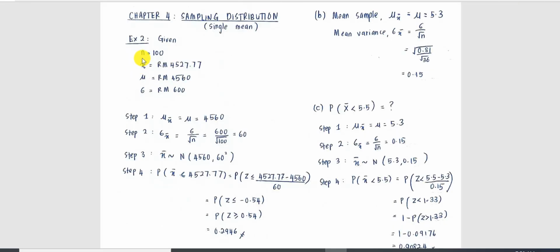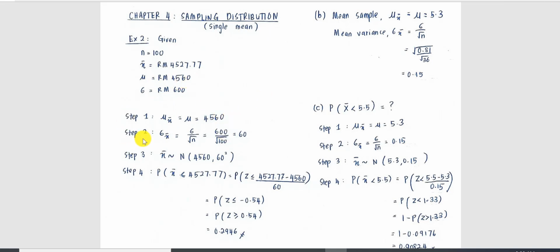Now n is equal to 100. The probability that you want to look for is the probability of x bar less or equal to 4527.77, and your mean of population is 4560, and the standard deviation of population is 600. So from step 1, your mean of the sample is equal to the mean of population, that means 4560.